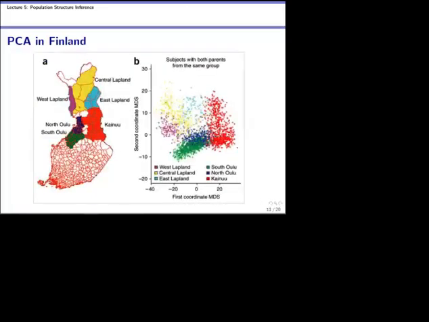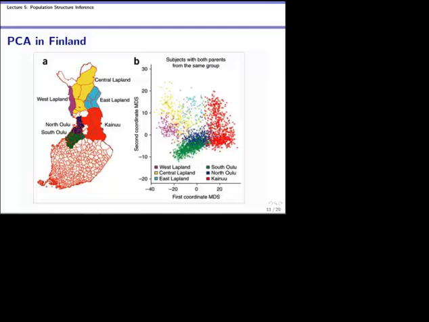This is what they got. Even within Finland, they found that there was population structure. So even in samples that you think are relatively homogeneous, there could be structure.